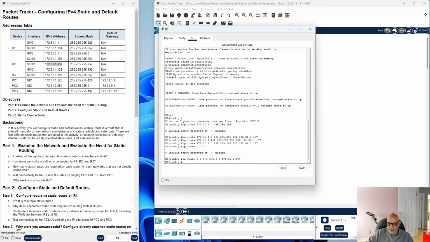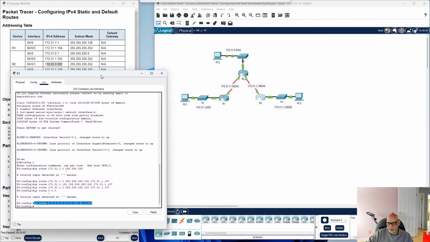So instead of creating these three routes, we could create only one entry. And every time, for example, if PC3 wants to access PC2, the router receives the packet, it matches it, and it could be any network, right? Since there's a default route, if it does not have the entry of that network in its routing table, it will send it to R2 instead of discarding the packet.